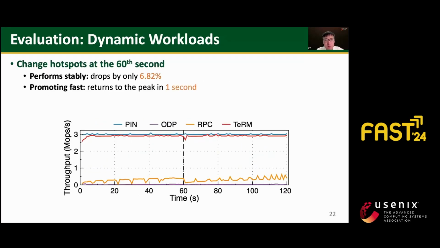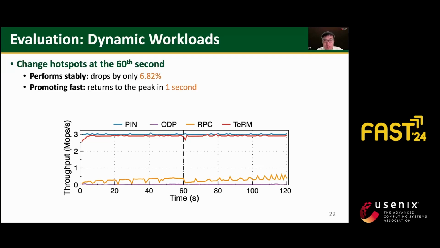We also test the performance under dynamic workloads. We run the benchmark application for 2 minutes and change hotspots at the 60th second. The blue line is the upper bound, the pin approach. The red line is TeRM.